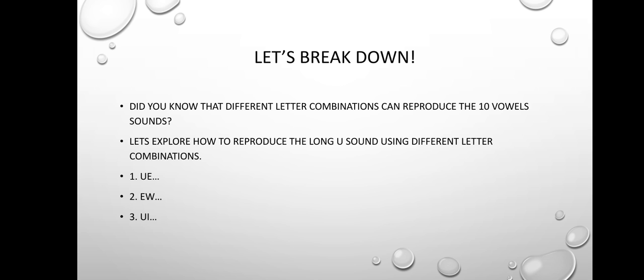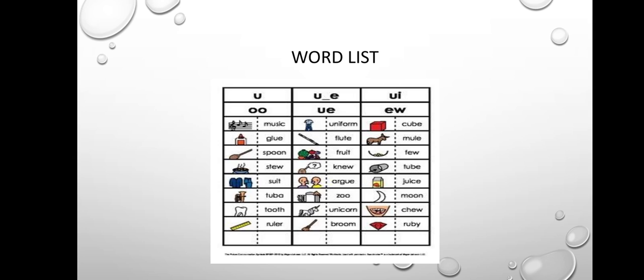Now, can we think of other examples that have these three-letter combinations? I'm sure you're doing that right now. Okay, that's very good. Let's look at our word list to help some of us who were not able to get examples. Now look at these. You have examples of other long U letter combinations. But let's focus on the U-E combination, U-I, and E-W.